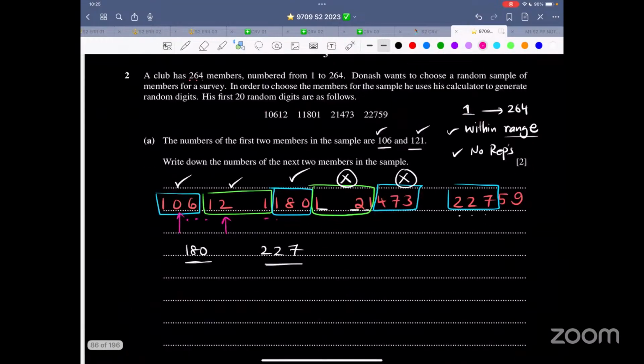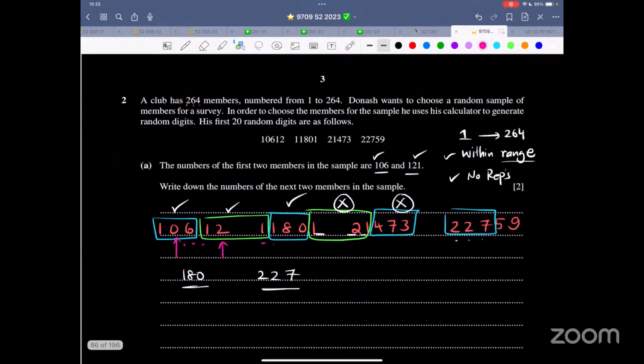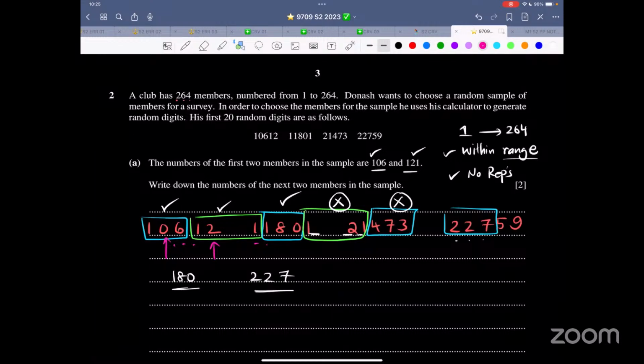So now this thing about random sampling, let me just go over this. A club has 264 members, numbered from 1 to 264.